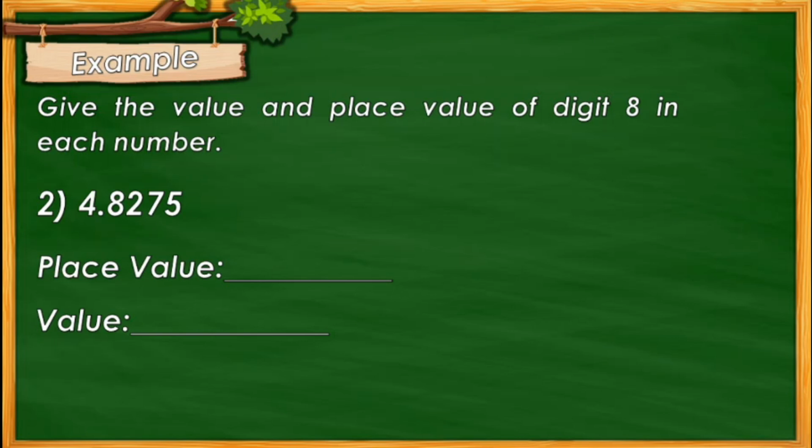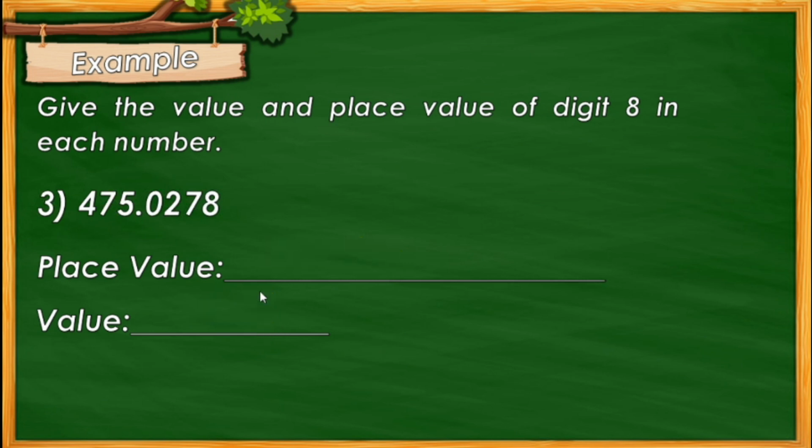Next, let's proceed to number 2. What would be the place value of digit 8 in example number 2? Very good. So the place value is tenths, because in decimals, we always start in tenths. And then what would be the value? The value now is 8 tenths.